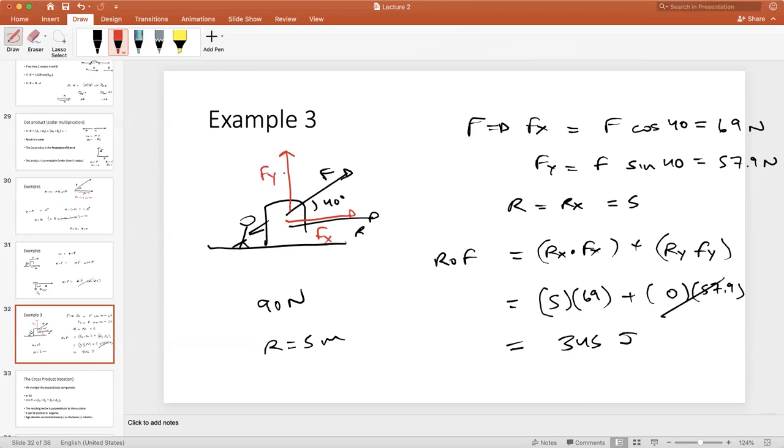And that perpendicular part of the force doesn't help at all. It just kind of lifts it, but it doesn't help it move. So a dot product is useful when you want to know how much two vectors are influencing each other.